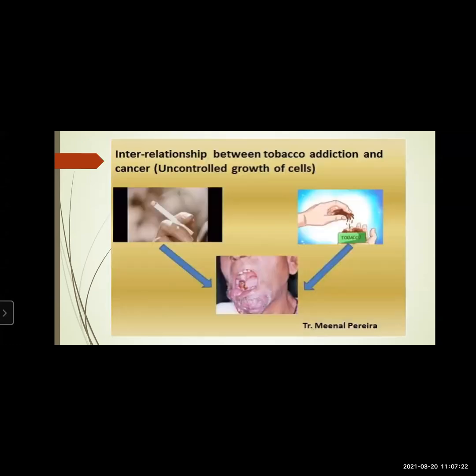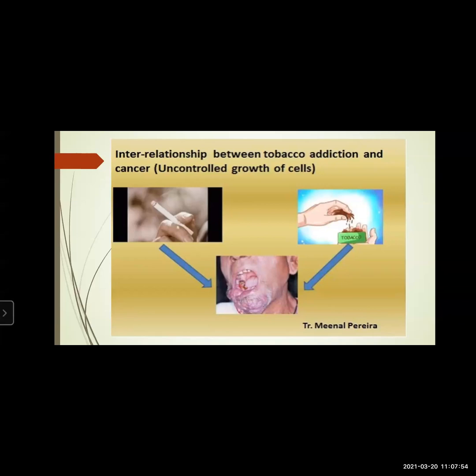Cancer is nothing but the uncontrolled growth of cells. This nicotine, or whatever harmful chemicals are present in the tobacco, mutate your DNA, right? That means they bring abnormality in your DNA, so that the cells of the body start growing uncontrollably. That means uncontrolled growth of the cells takes place because of mutations in the DNA.